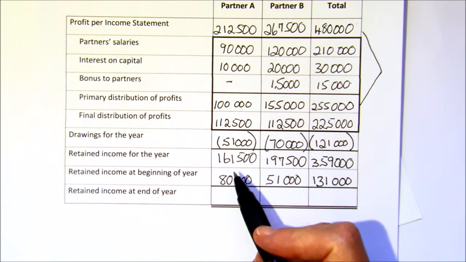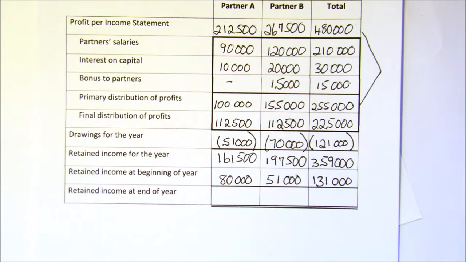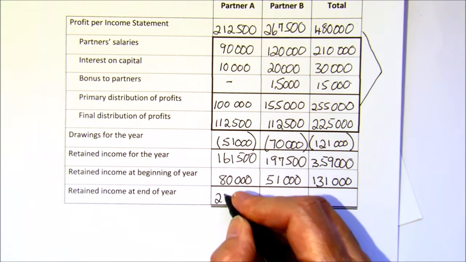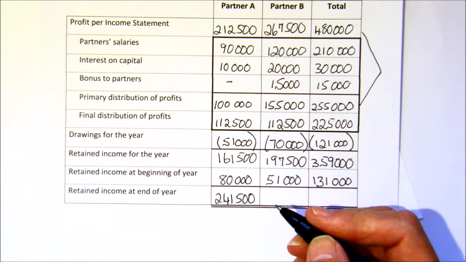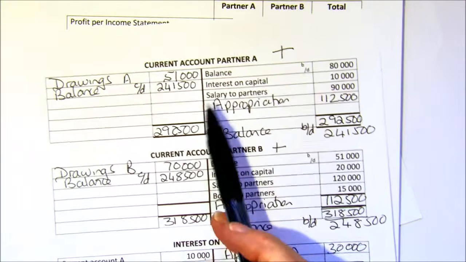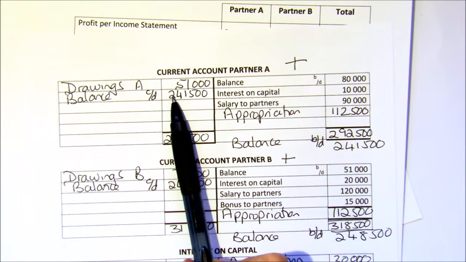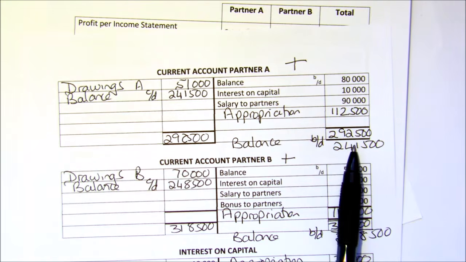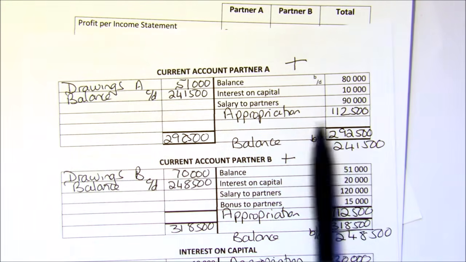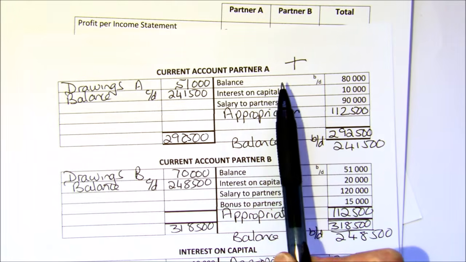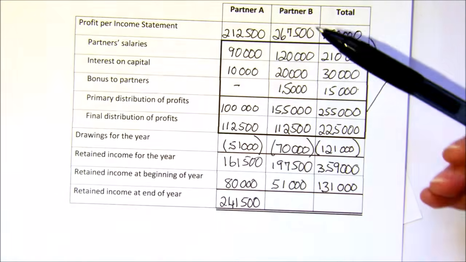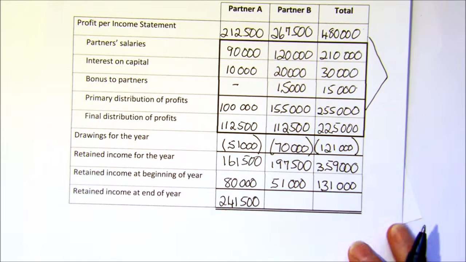So if we look at A, he's got 161,500, plus he had his 80,000, and that gave him, he's now got a balance of 241,500. And if we look back to the current account that we did earlier, that's exactly what his balance is. So all I've done is taken all these details and I've put them into a note where I've only used plus and minuses.